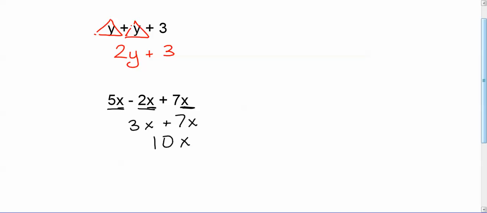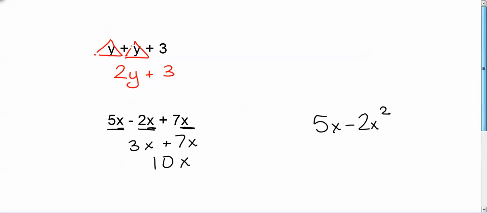Now what happens though if we had 5x minus 2x squared? Can those be combined? The answer to that is no, because this one, you can see right here, has an exponent. So you can only add or subtract these numbers when they have the same exact variable, okay?